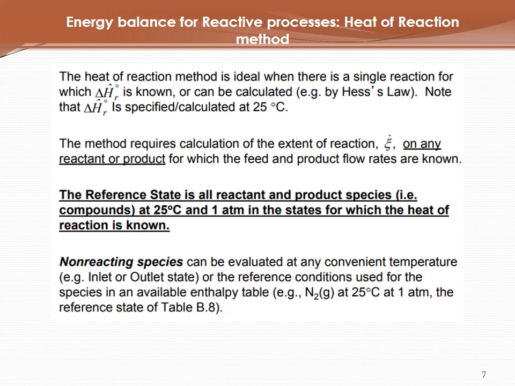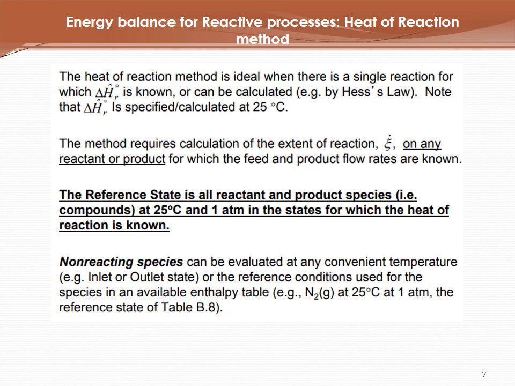The second thing is that this method requires that you know the extent of chemical reaction. In the last lecture, we discussed the material balance for reactive systems using the extent of chemical reaction, that is this symbol ξ.